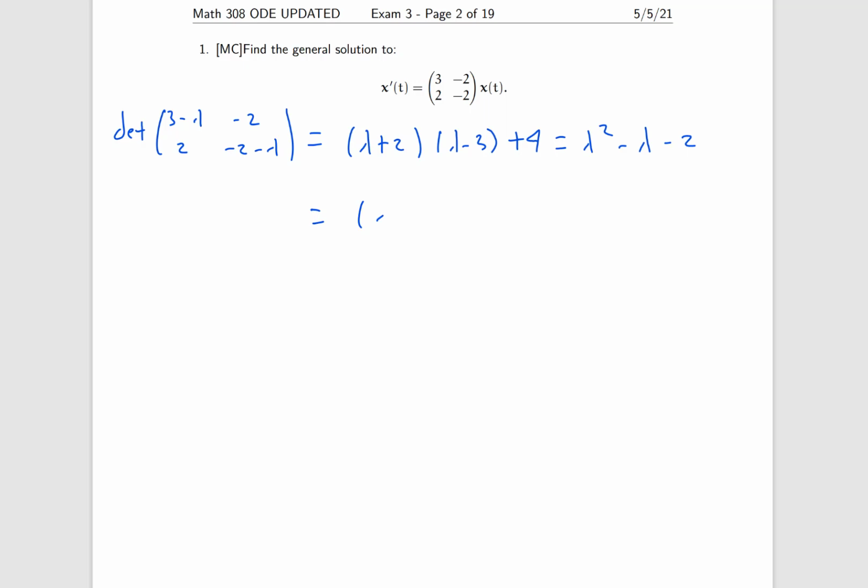I guess this can factor as lambda minus 2 times lambda plus 1, and we set this equal to 0, we get two eigenvalues. One we'll call lambda 1, that's equal to minus 1, and the other one, lambda 2, is equal to 2.